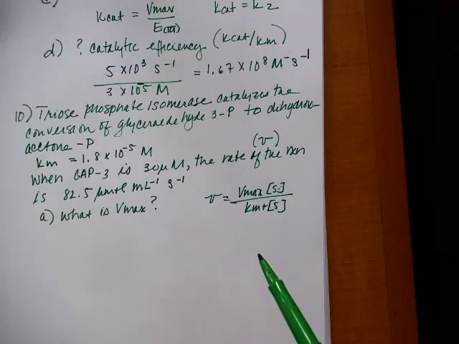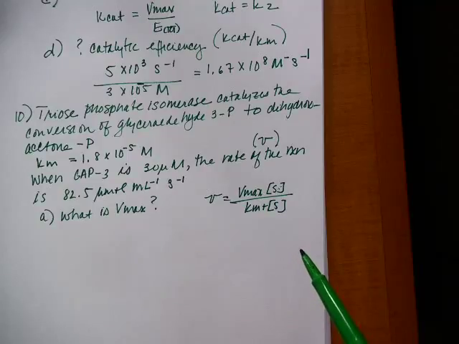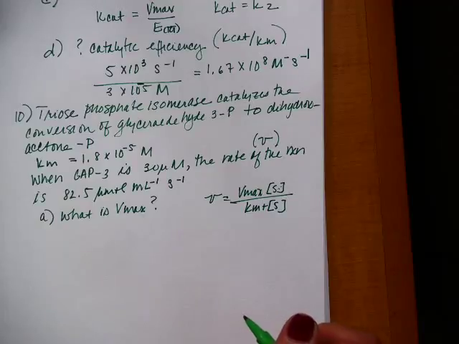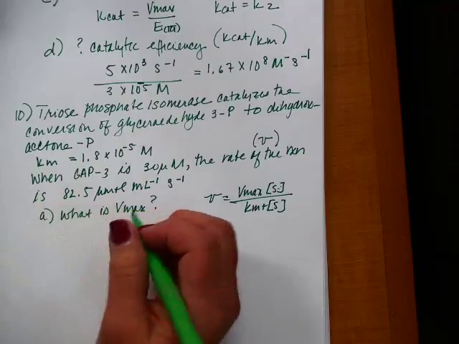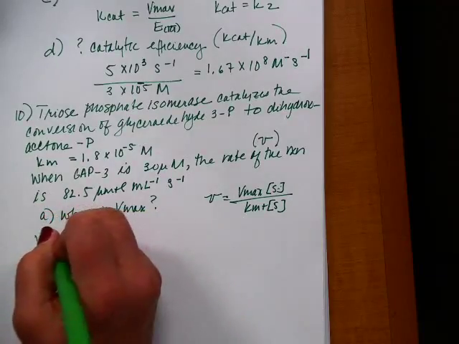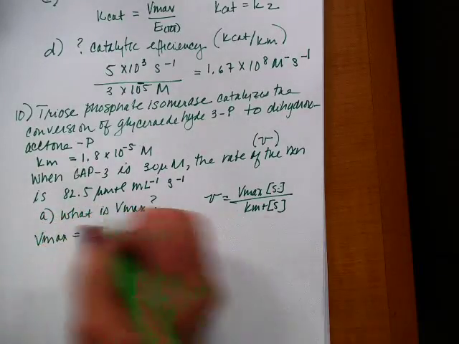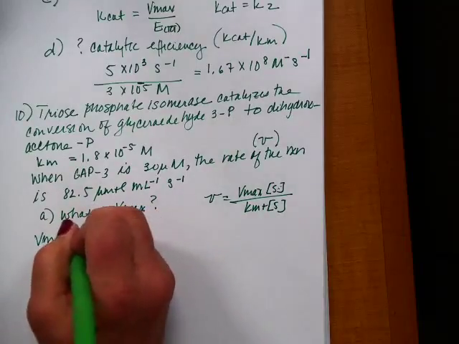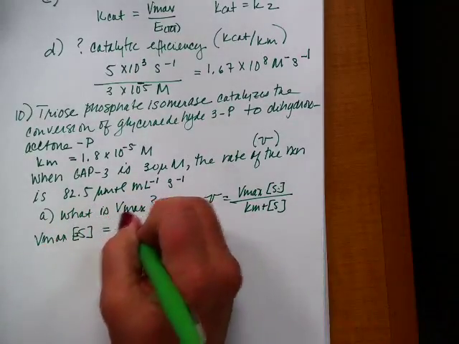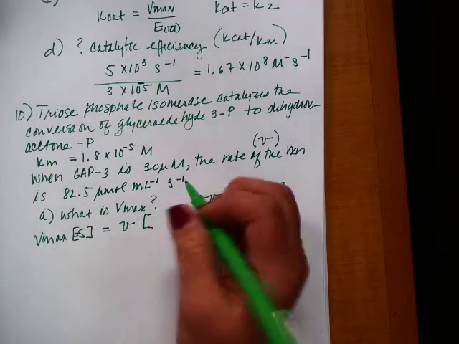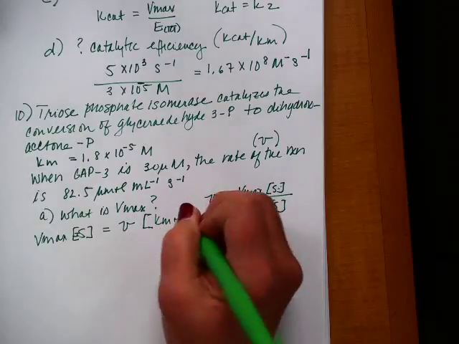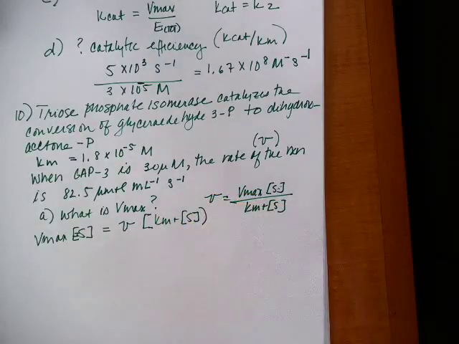We're finding Vmax, so we need to rearrange this. Vmax times substrate concentration equals velocity times Km plus substrate concentration.